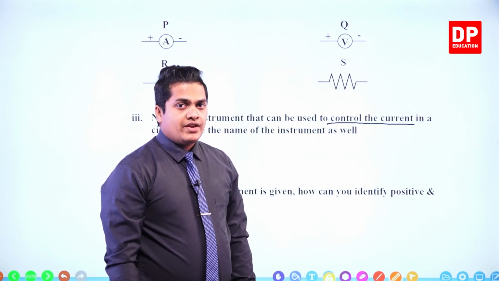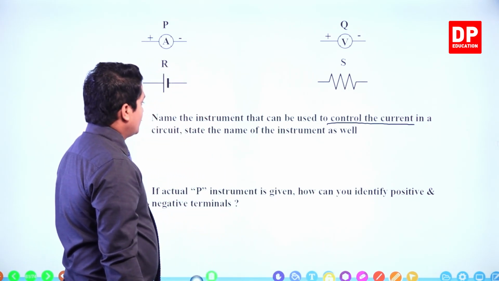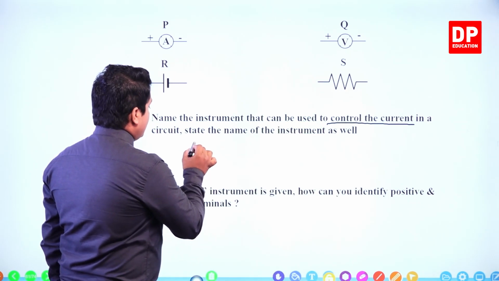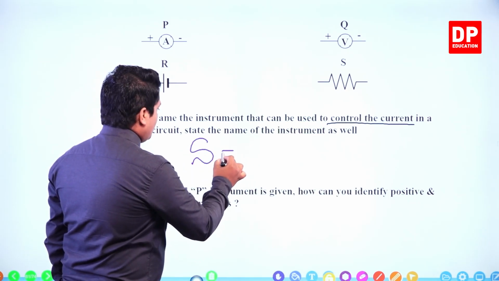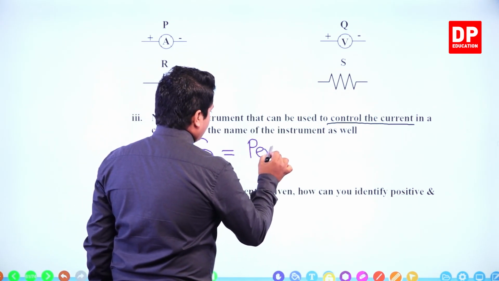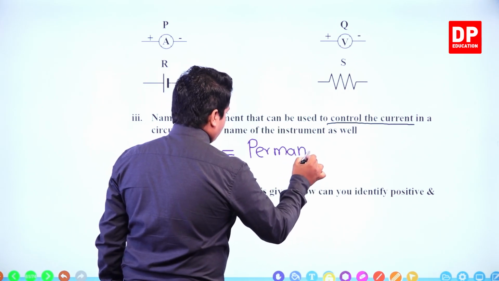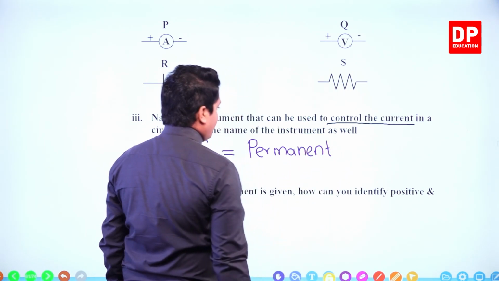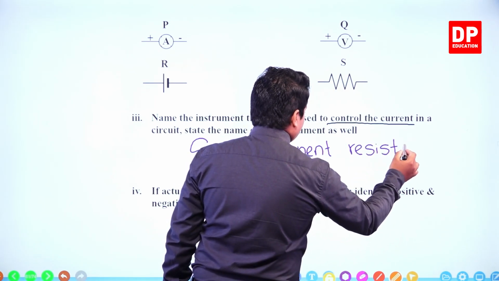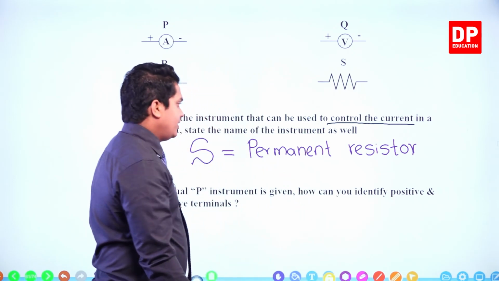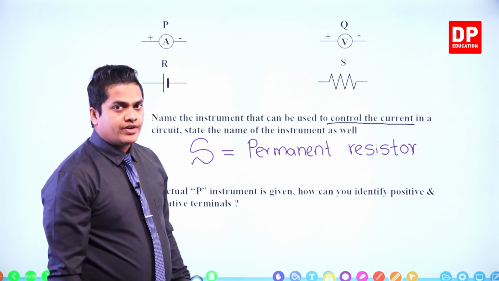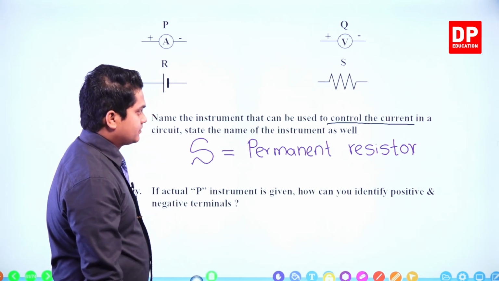So we can write the answer: the instrument that can be used to control the current in a circuit is the S instrument, which is called the permanent resistor.